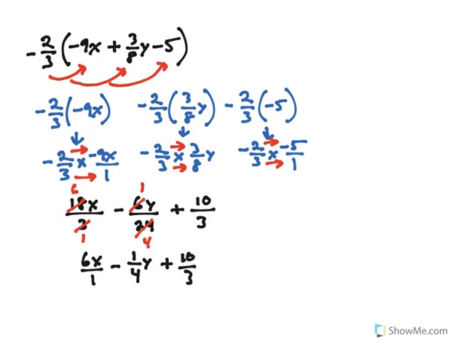Now this 1 here is really not needed, so your final answer should be written as 6x minus 1/4 y plus 10 over 3.